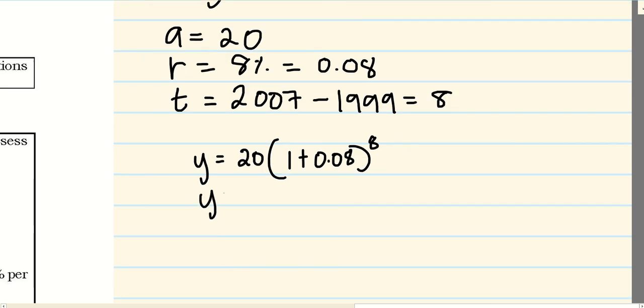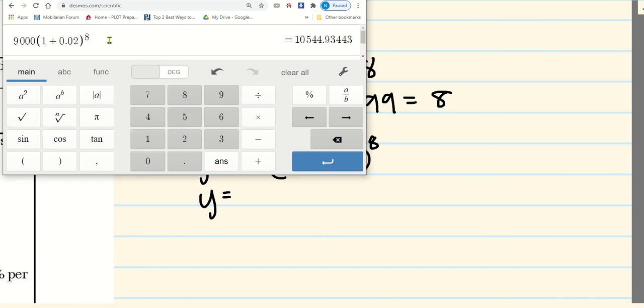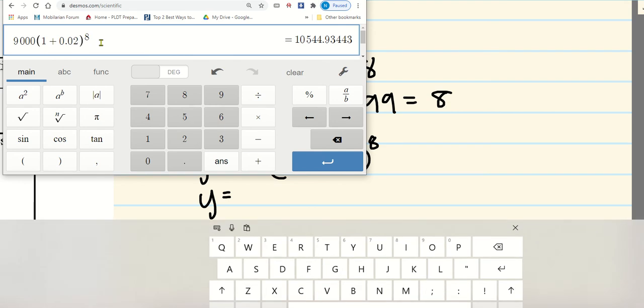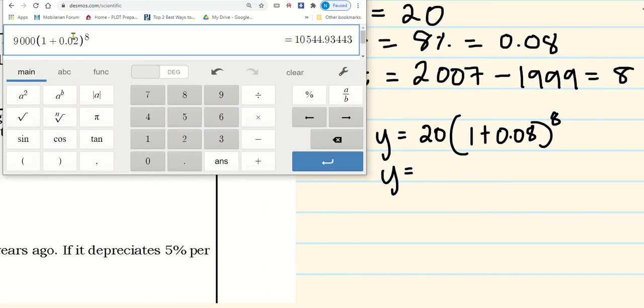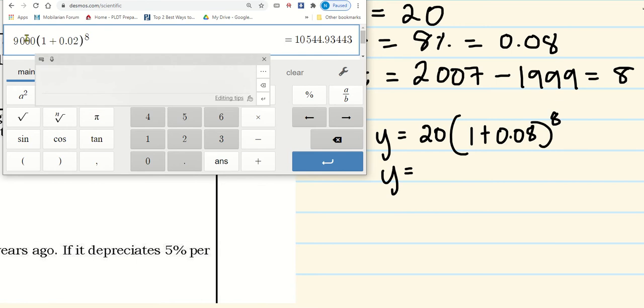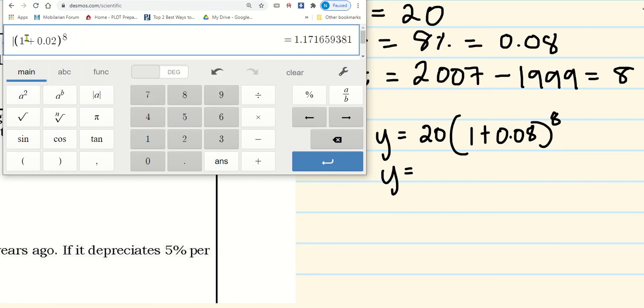So y is equal to, we have here our calculator, which is powered by the Desmos.com scientific calculator. So 20 times (1 + 0.08) to the power of 8.